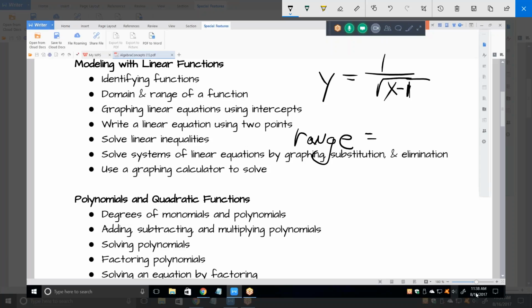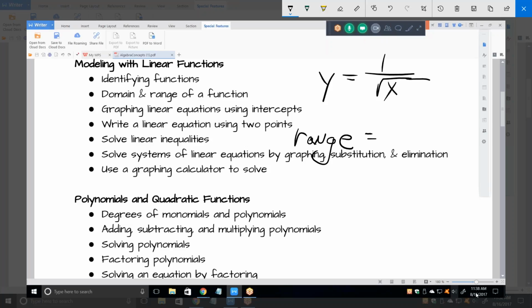Okay? Now, are there any positive numbers? Can y be 0? That's where I was headed. Is there any value you can think of? And we'll make it simpler here. I'll erase that minus 1. No, it can't be, because for a fraction to be 0, the numerator has to be able to be 0, and my numerator is 1.